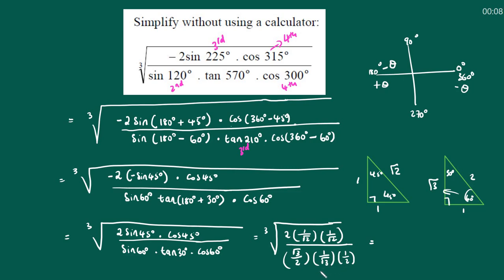Cancel, you have a half, 8 and a half is 4. Is it cube root of 8? Which is 2. Yes, ma'am? I got it as cube root of 4.